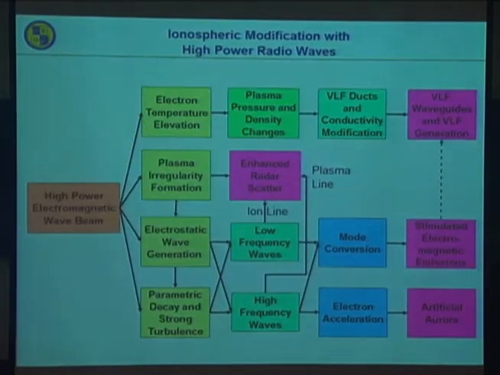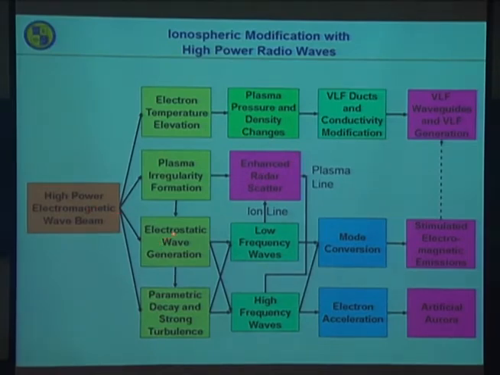Next slide. Thank you. The ionospheric heating physics is quite simple, as indicated by this diagram. You first of all elevate the electron temperature, you produce a hot region, push plasma along the field line, possibly make VLF ducts, and Gennady Milikh, Joe Huba, and other people are working on that. You can make irregularities, you can scatter radars off of those irregularities.